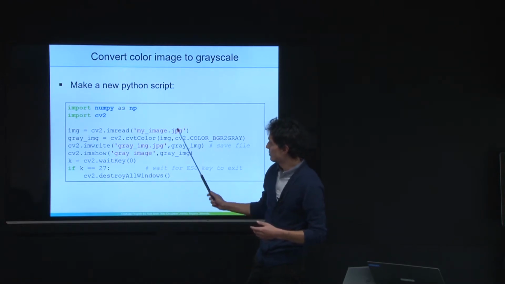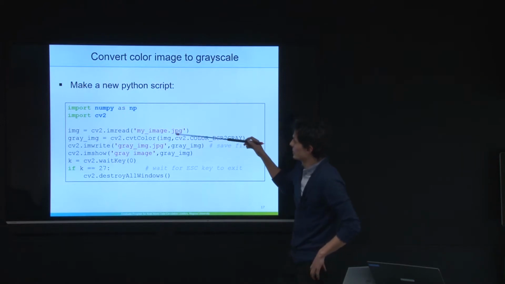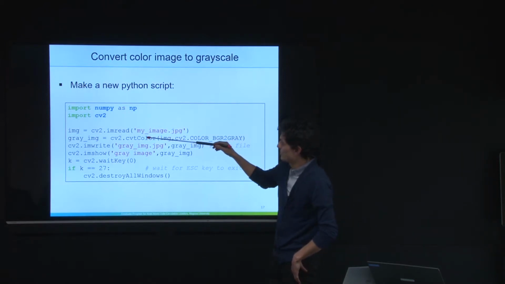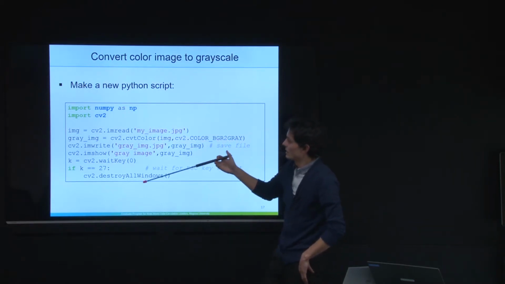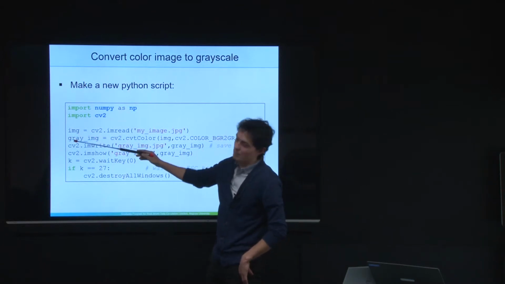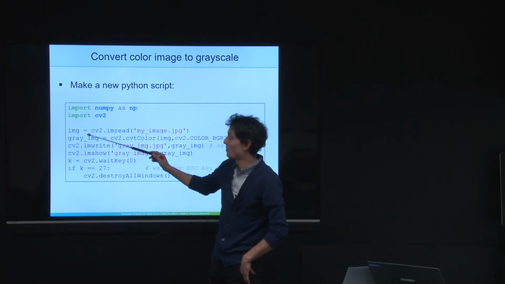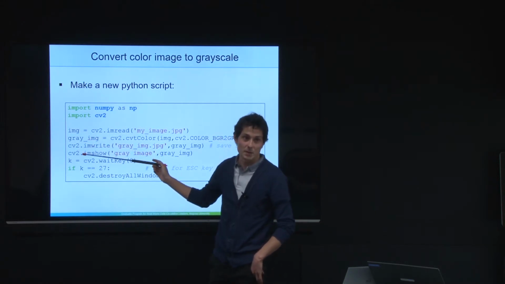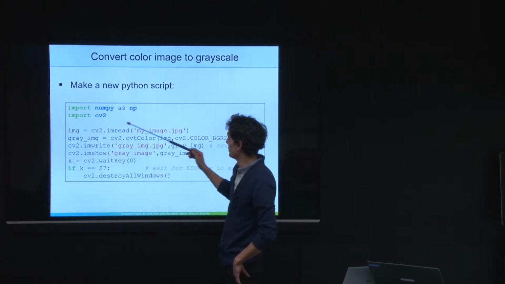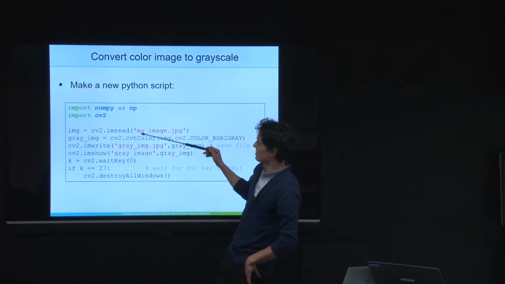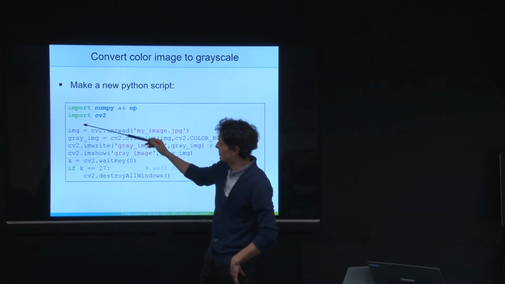Now, this script does 2 things. First, it converts the image that we read into a gray image. These things here have now become matrices in OpenCV. They're now a NumPy matrix of numbers. So here it's still read in as a JPEG file, gets converted into a matrix here.